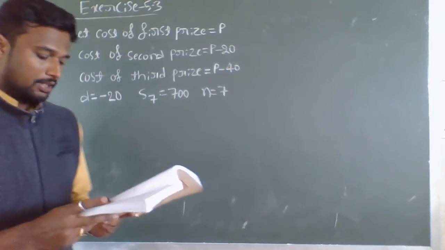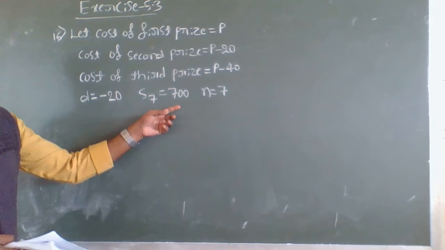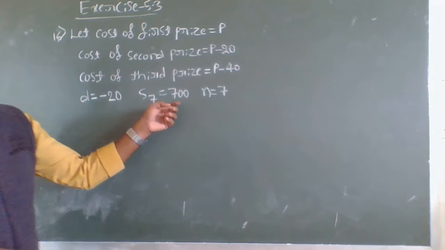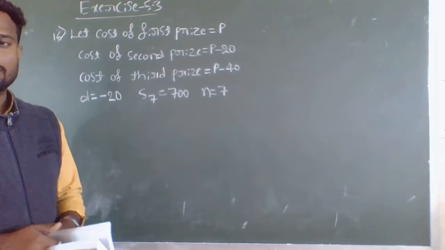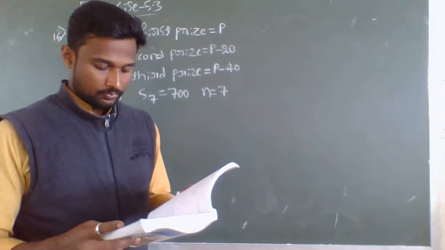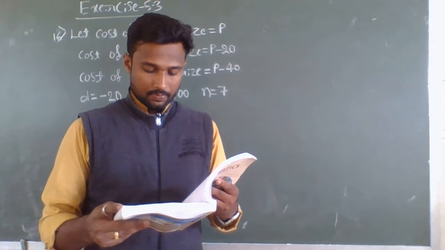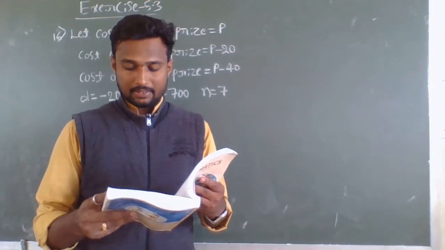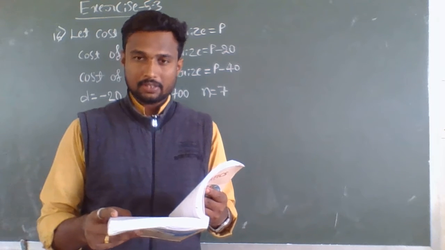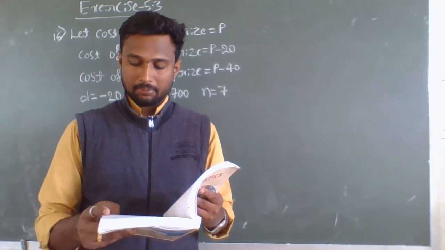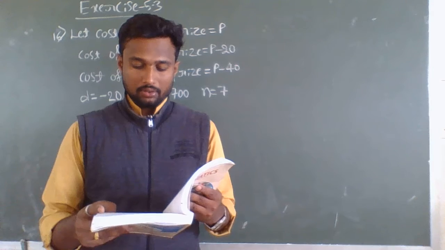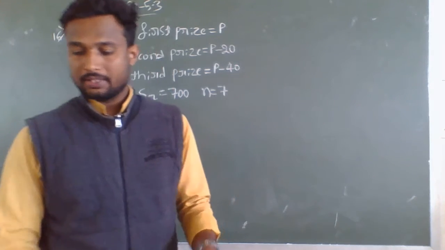So here a sum of 700 rupees is used to give prizes to 7 students. If each prize is 20 rupees less than its preceding prize, find the value of each of the prizes.